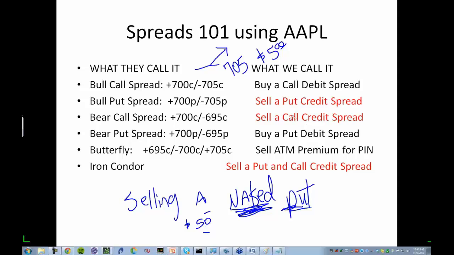So what we do then is if you sell the 705 naked, then you want to buy a strike that's up above it as protection. Typically we'll go $5 wide. In this case, we buy the 710 put, and that would be our protection. Okay, so we just call that selling a put credit spread. Really what you're doing is you're selling a naked put, and then for your stop loss, this essentially becomes your stop loss.